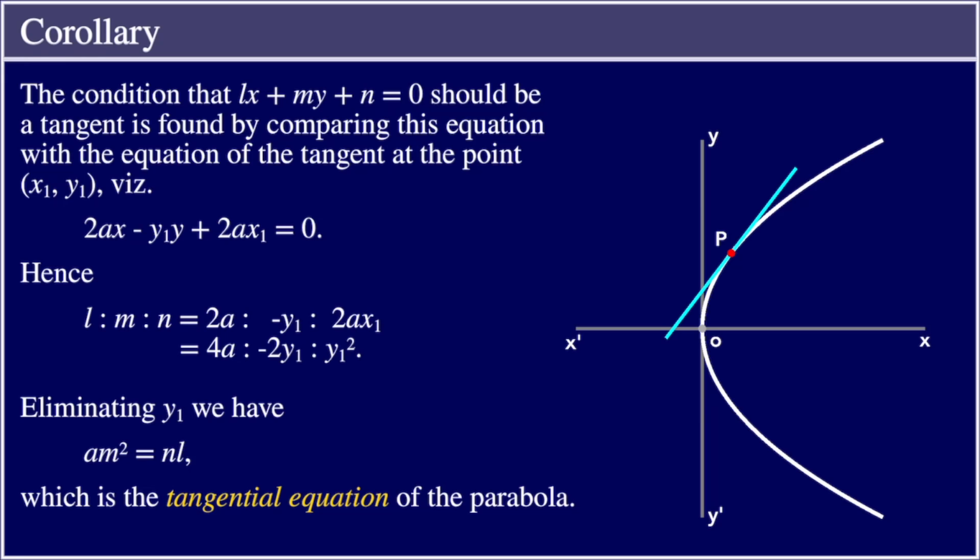Hence, l is to m is to n equals 2a is to negative y sub 1 is to 2a x sub 1, equals 4a is to negative 2y sub 1 is to y sub 1 squared. Eliminating y sub 1, we have a m squared equals n l, which is the tangential equation of the parabola.